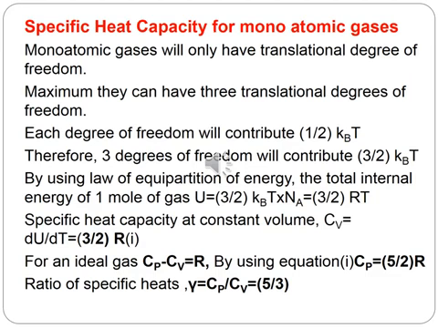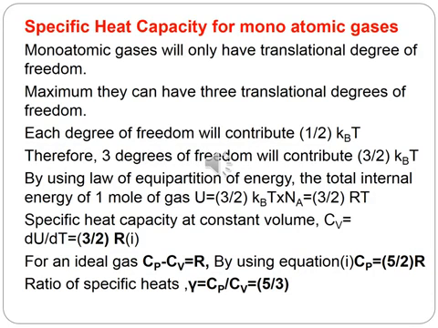For an ideal gas, there is a relation between molar specific heat at constant volume and molar specific heat at constant pressure, which is Cp minus Cv is equal to R. You know R is the universal gas constant.